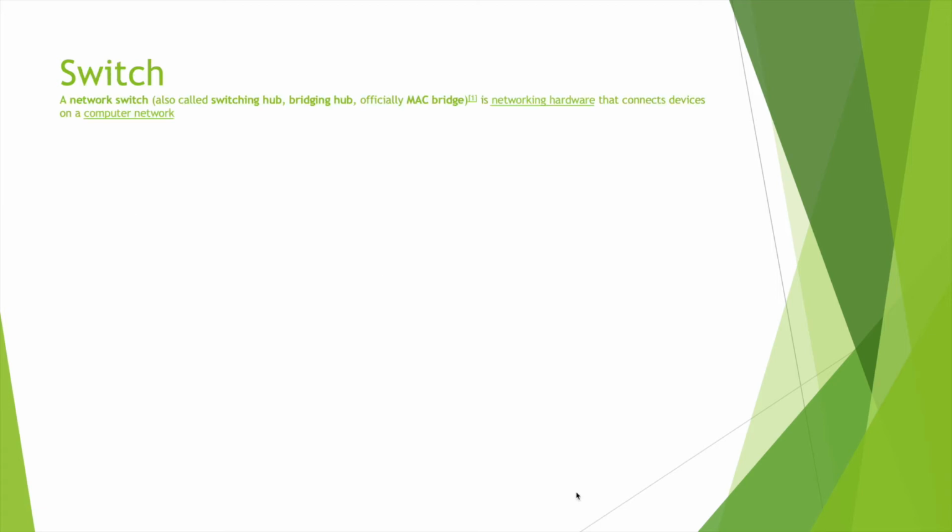One of the most commonly known networking components is the switch. So the definition of a switch is: it's a network device or hardware that connects multiple devices to a network. So it basically connects multiple hardware devices together.